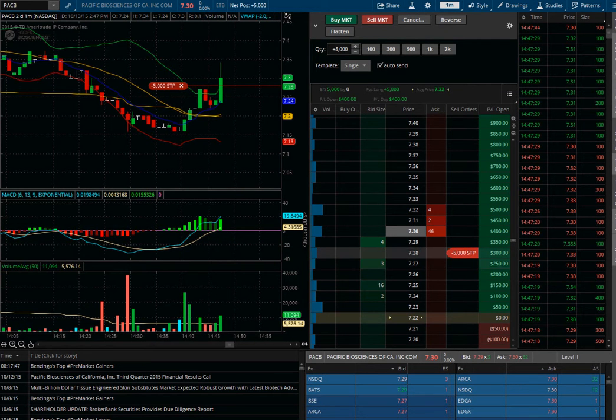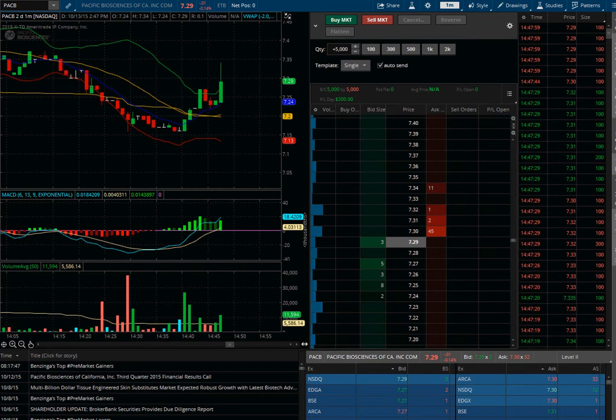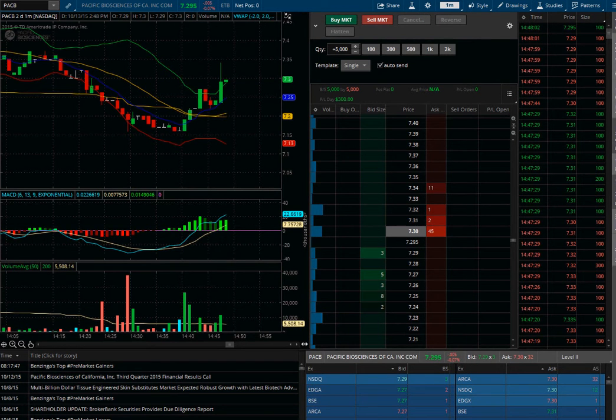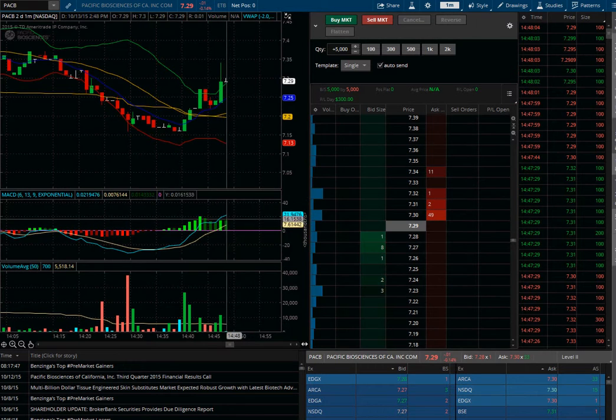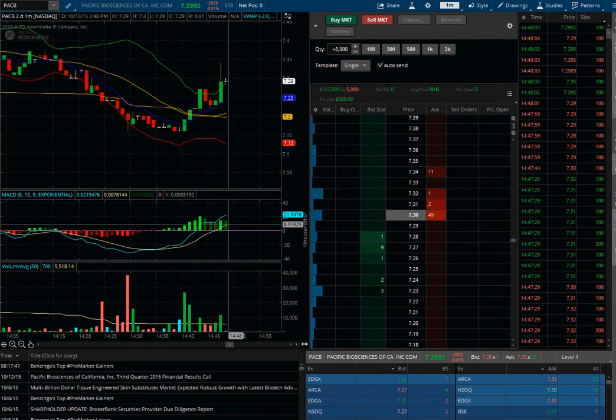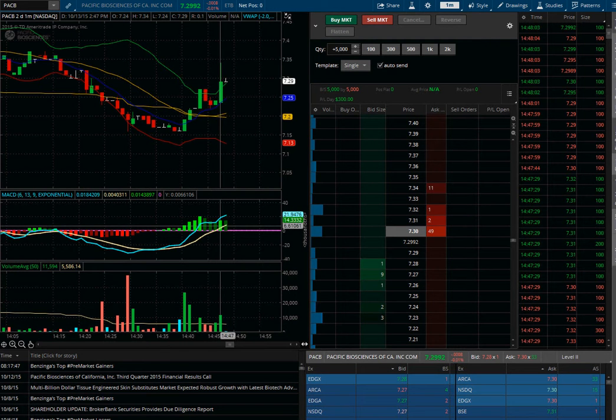But if not, oh yeah, we got a lot of big sellers here coming in. 46 at 730. Alright, so we just made $300 on that trade. I think it has a little bit more into it just because these lines are kind of still on the momentum consolidation.